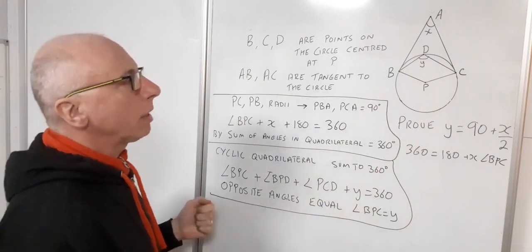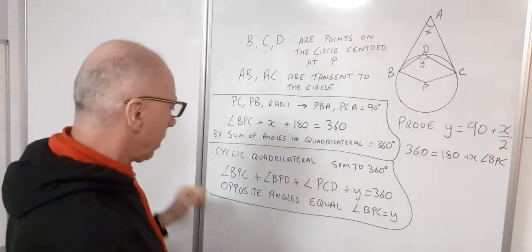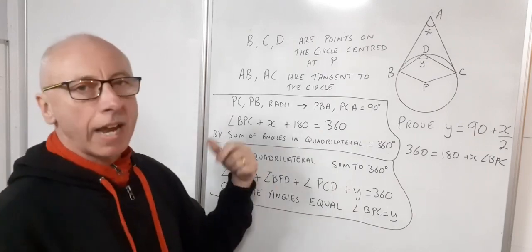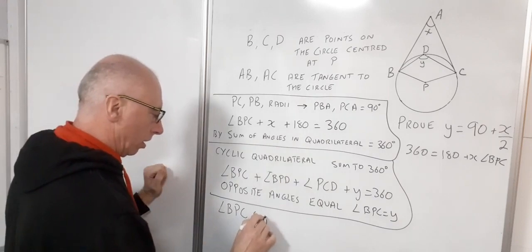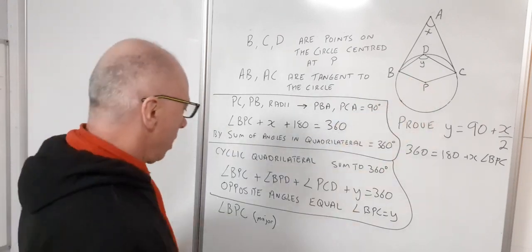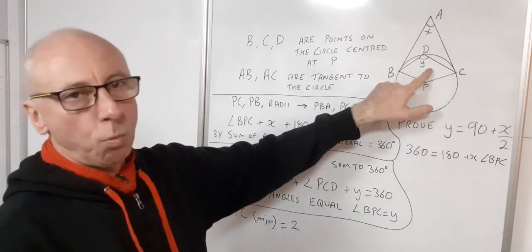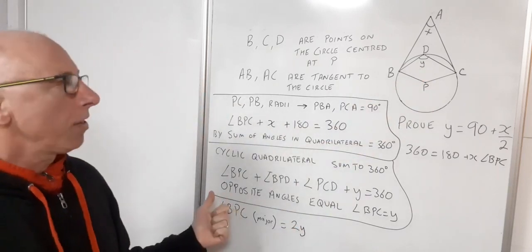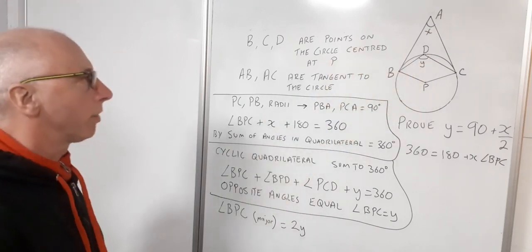So therefore angle BPC on its outer, and this will be on the outside, so we'll call that the major. So that's the major angle because it's the larger part, BPC. This will be twice Y. So that's our theory there. So that's the angle there from the centre point to the point on the circumference.